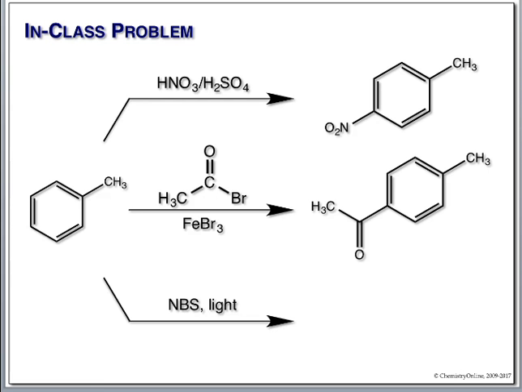This is going to generate a bromine radical, going to yank a hydrogen off of our methyl group, and we're simply going to make benzyl bromide. Simple allylic or benzylic bromination. Any questions?